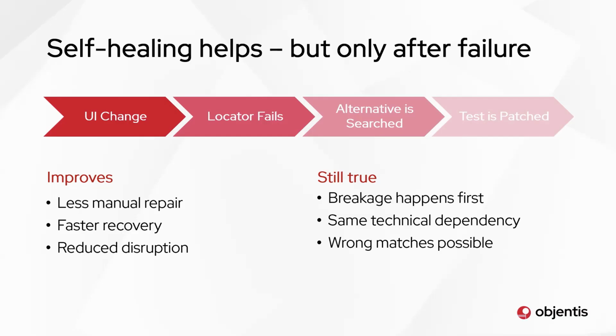Now, with this focus on the problem that we have when we access the application under test on this technical level, of course, there is a different approach, and this is also not something that is new, right? So you can handle your user interface just as an image.